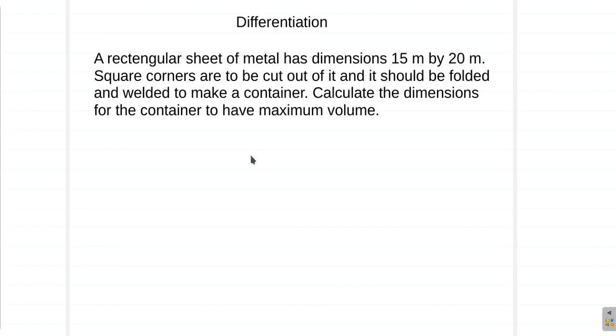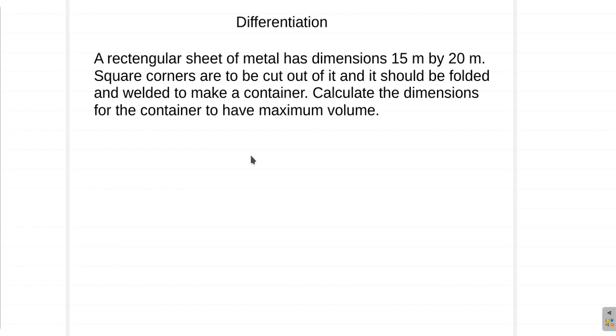All right. So remember, in some cases, you want maximum volume. In other cases, you might want minimum cost or minimum amount of material or something like that. But in this case, we have a set amount of material and we want to calculate maximum volume.